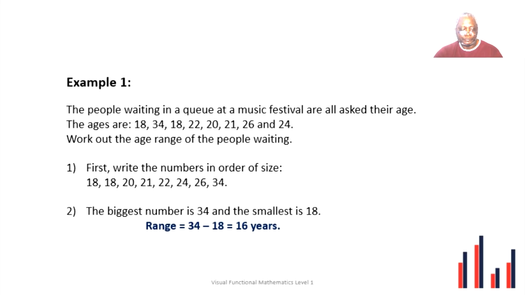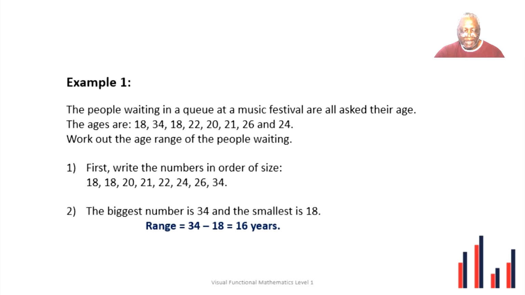Example 1. You have people waiting in a queue at a music festival, and they're all asked their age, probably to be allowed in or to be given a free ticket. The ages are 18, 34, 22, 20, 26, and 24. You need to work out the age range.